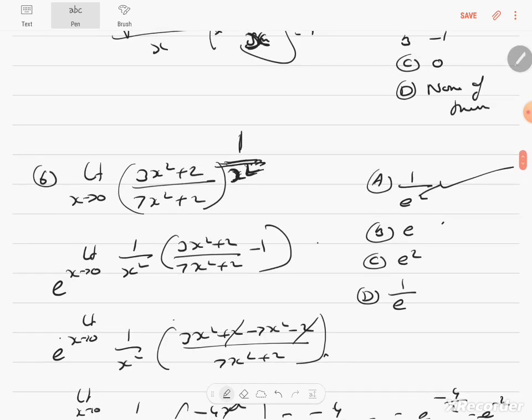So whenever you have a format where it's becoming infinity in the power, it's function to the power function format. Function to the power function format in algebra can be written as e to the power, bring the 1 by x square and the function minus 1.